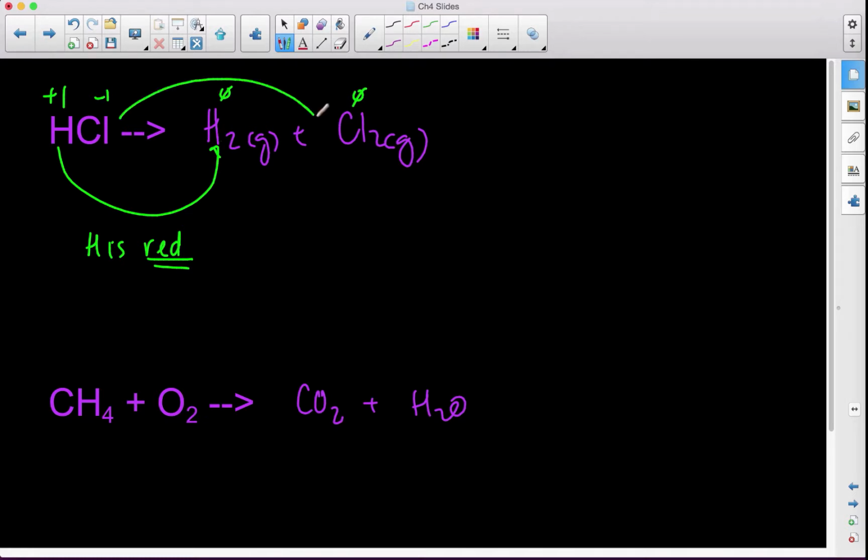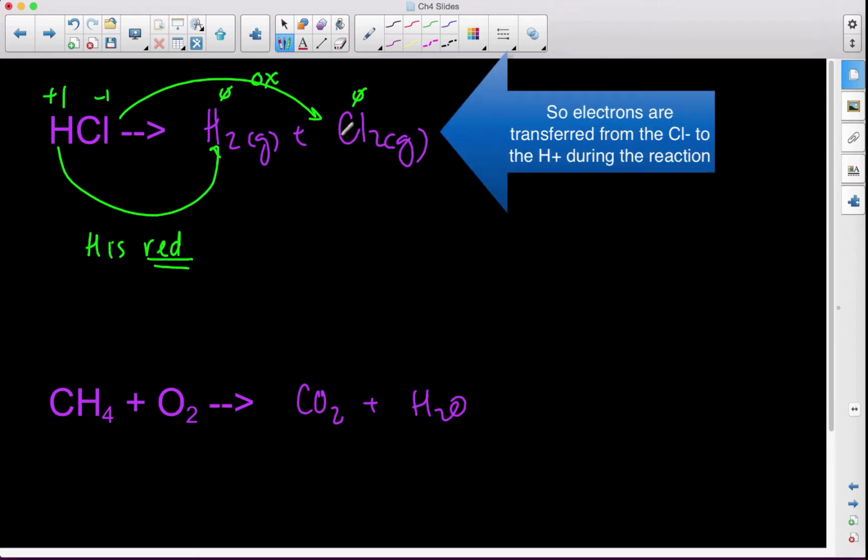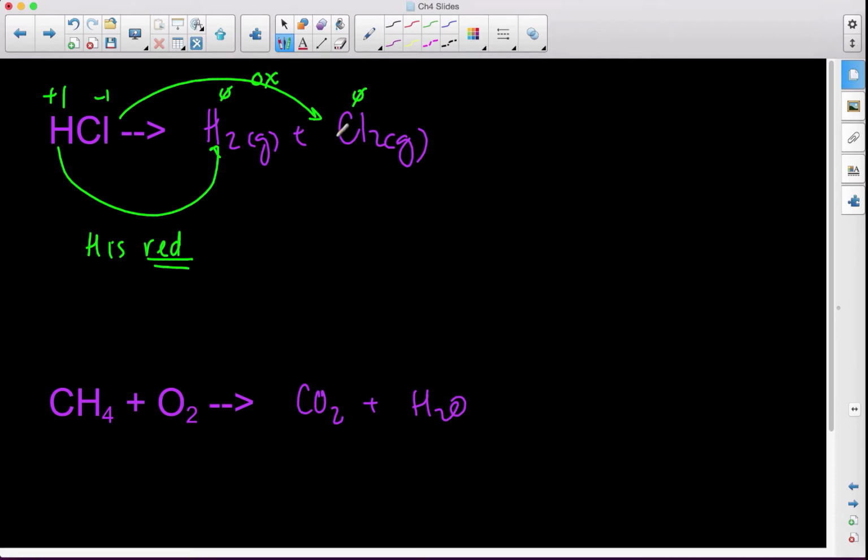Chlorine, on the other hand, is oxidized because it becomes more positive. It doesn't have to actually become positive, nor does it have to become negative. It becomes more positive or it becomes more negative, okay?